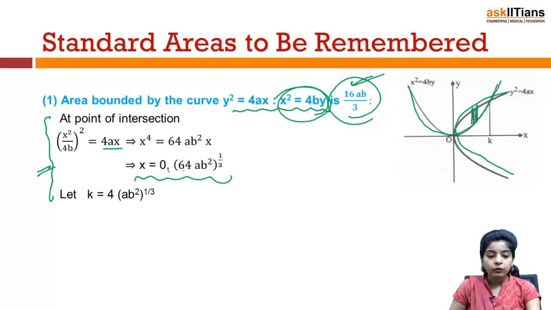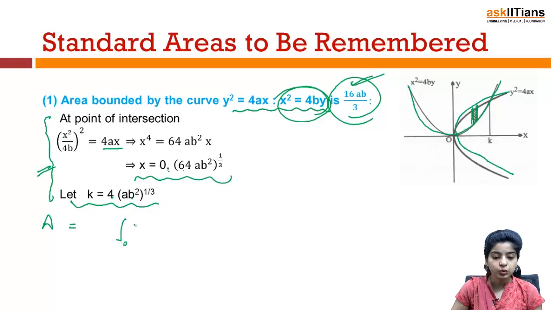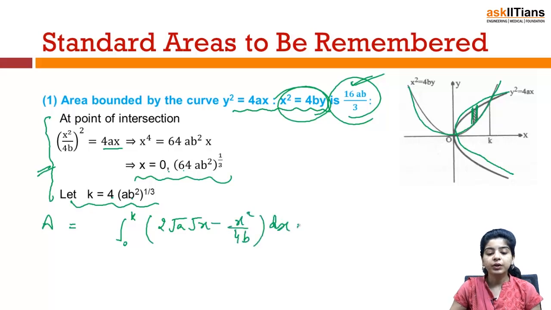Now, once you have this, let us assume our k to be equal to (64ab square) whole to the power 1 by 3, right? That is, k is 4(ab square) raised to the power 1 by 3, and so the area would be integral 0 to k of (2 under root a under root x minus x square by 4b) dx. How do you get this?